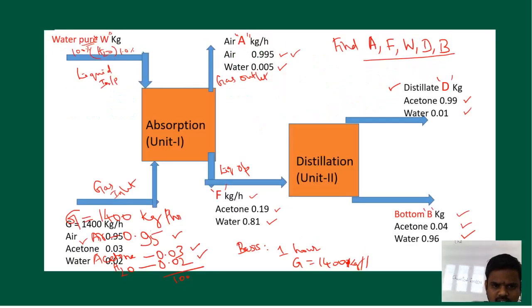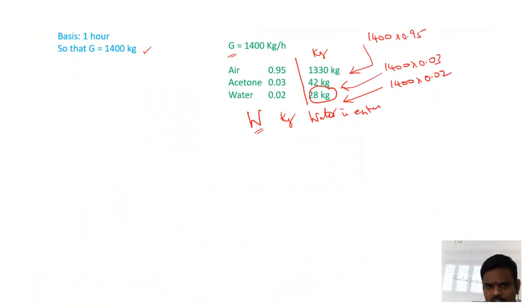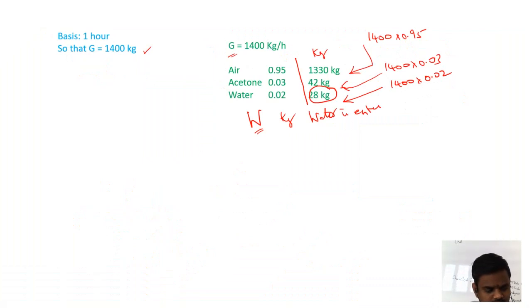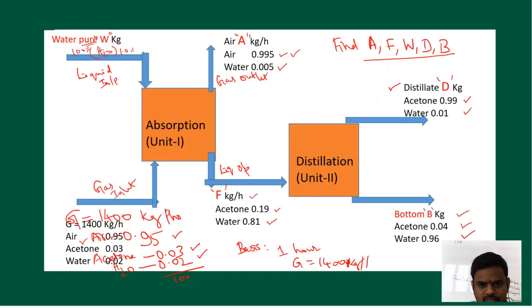So what is the overall material balance? You can see here G and W, these are inlets, and A plus F are outputs from unit number 1.